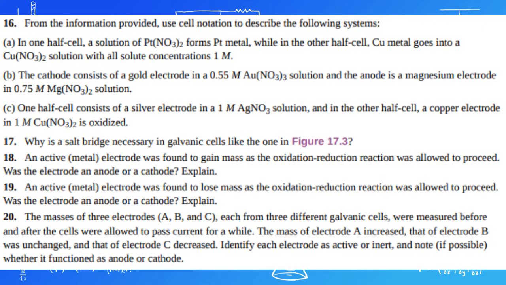It's neither consumed nor produced. So that's electrode B. And then electrode A increased in mass, it must be the cathode. Electrode C decreased in mass, it must be the anode. That wasn't too hard.